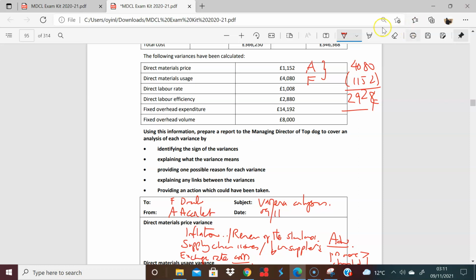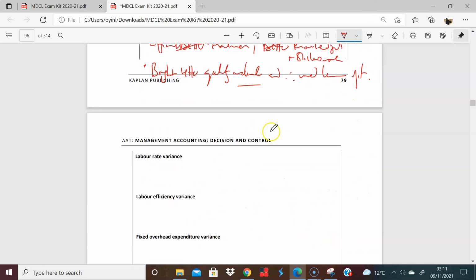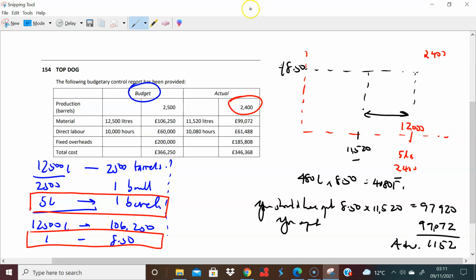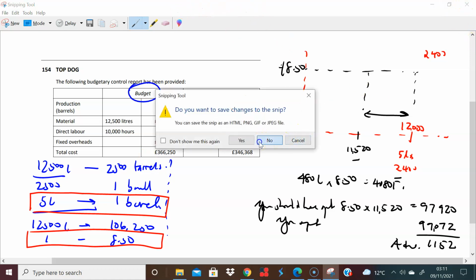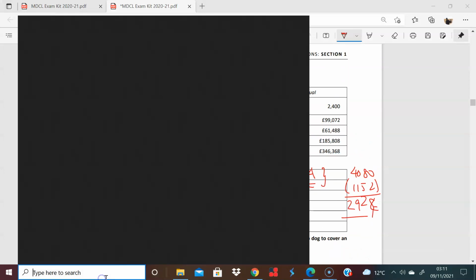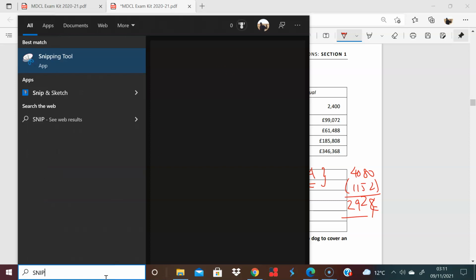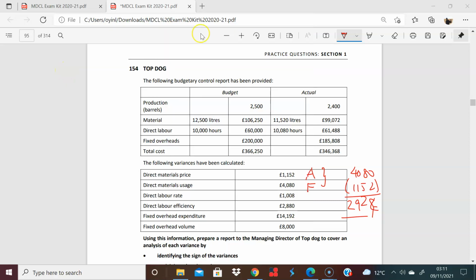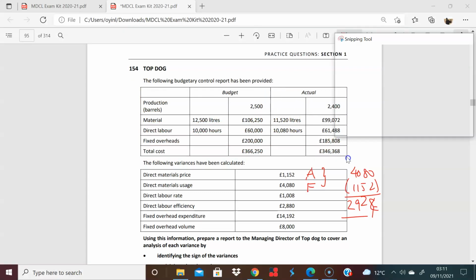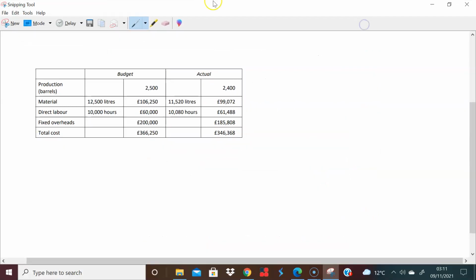Okay, let's move on to the rate variances. Because they're completely different, I'll just delete this entirely and re-snip this. So what do we have here?